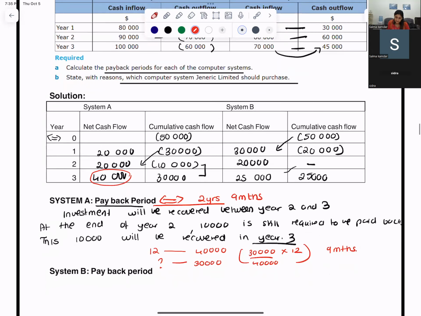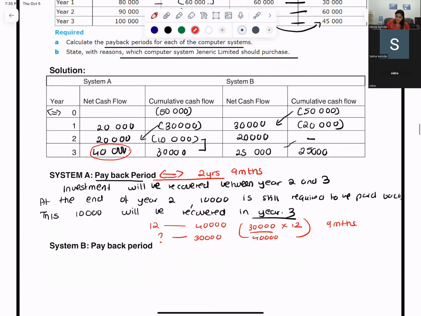System B. For B, again invest, and 1 and 2. So system B, the payback period is how much? In 12 months it is 25,000. See over here, at the end of 2 years, it is exactly 2 years.